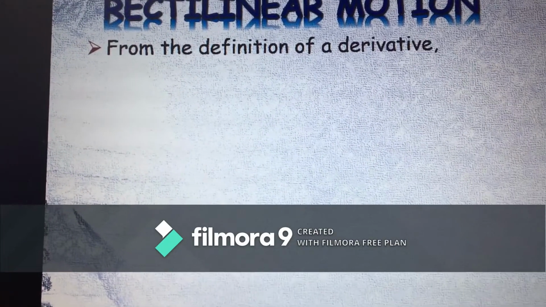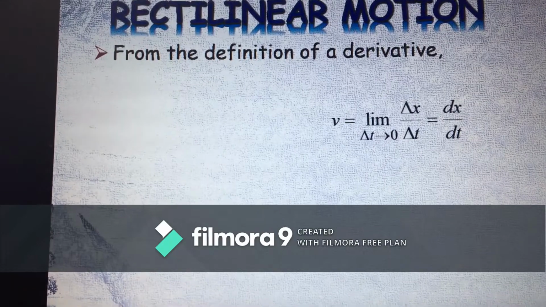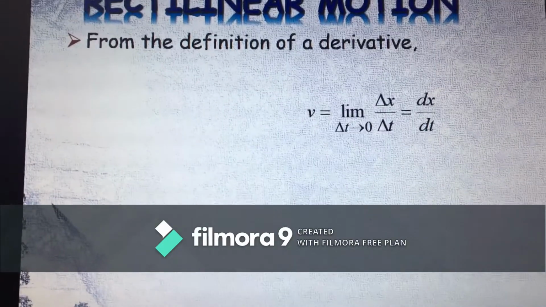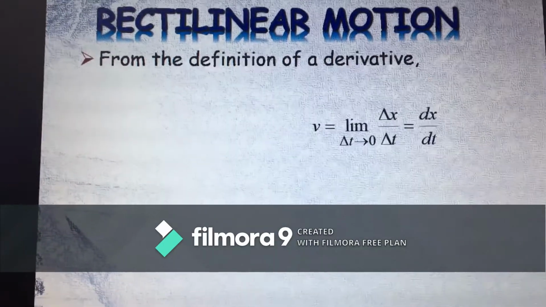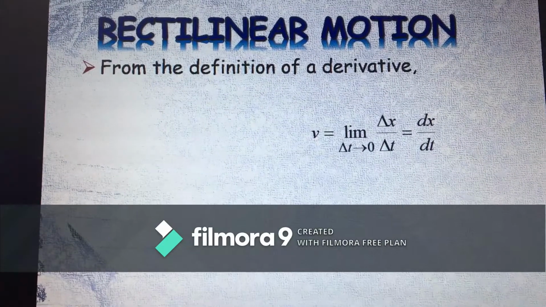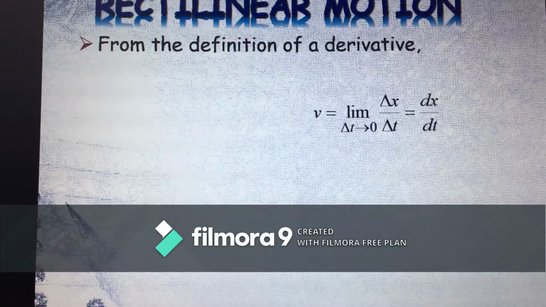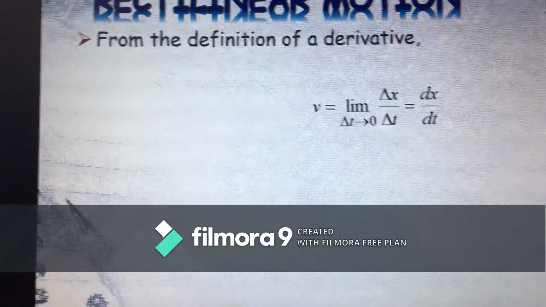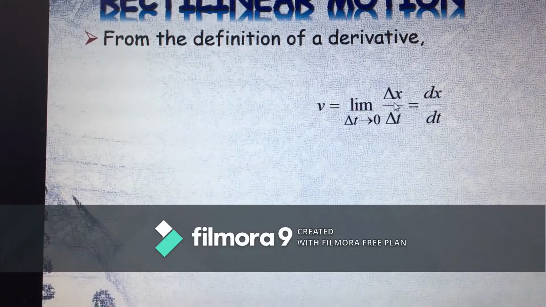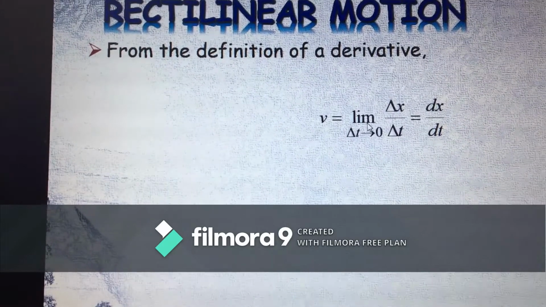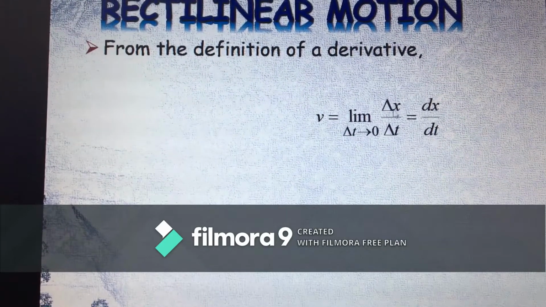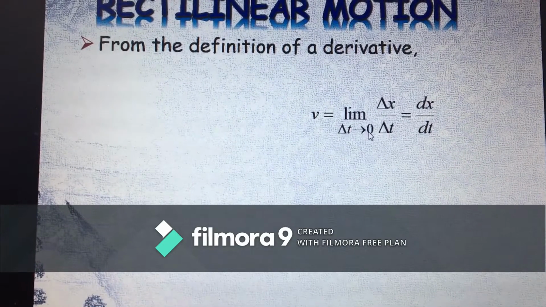Now from the definition of derivative, this is the definition of derivative, class, from our differential calculus. I hope you still remember this. So we have the instantaneous velocity equal to the limit of delta x over delta t as delta t approaches 0.